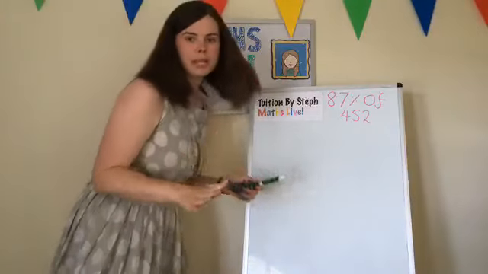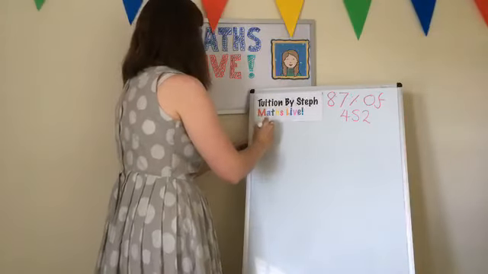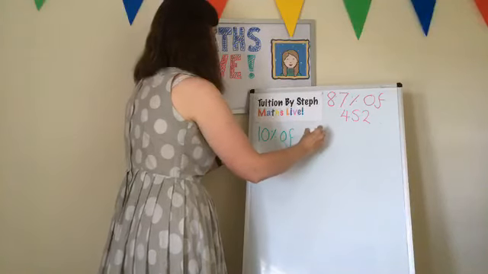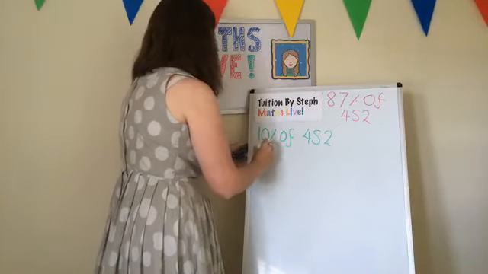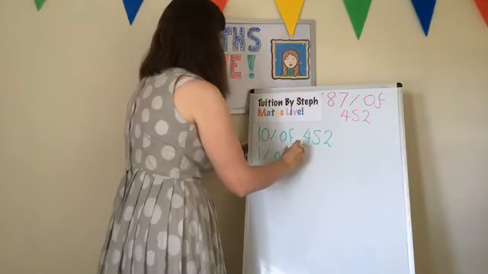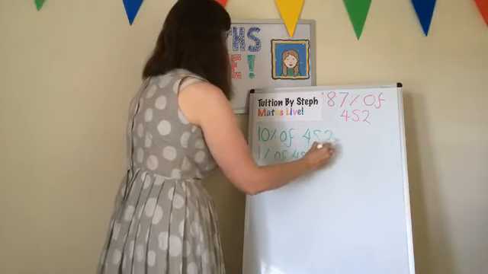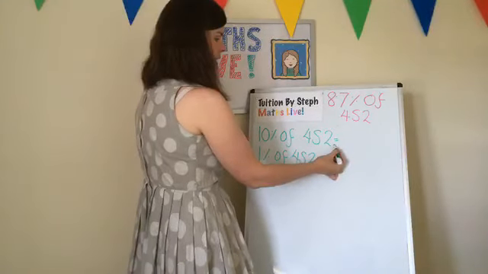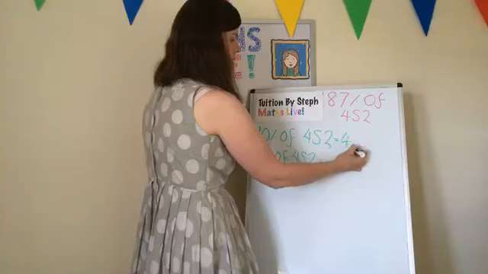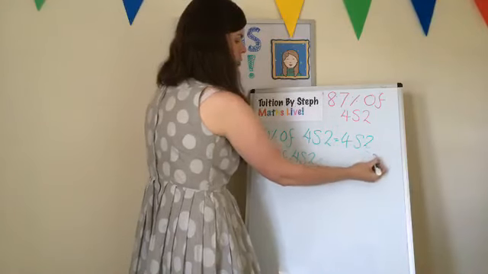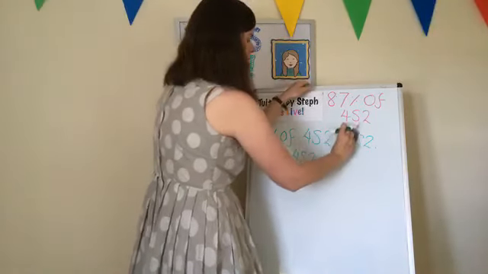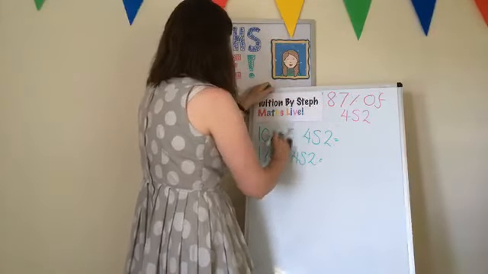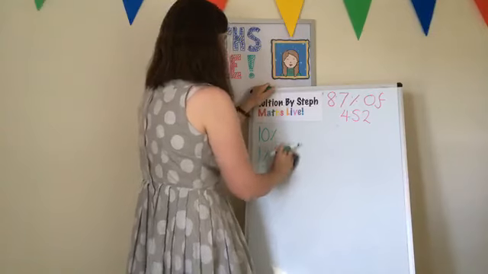Right, 10%, 1%. It's 10% of 452, and I need 1% of 452. So, if I'm finding 10%, my decimal point was here. It jumps once to the left, so it's 45.2. In fact, I'm just going to write it, because otherwise I'm taking up too much room.